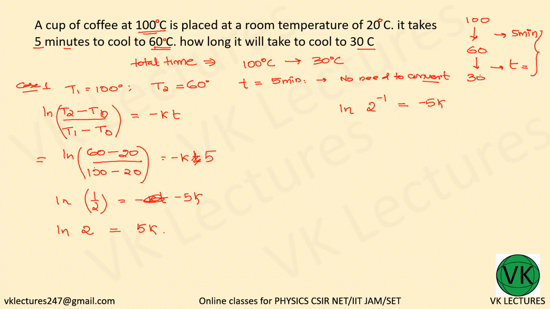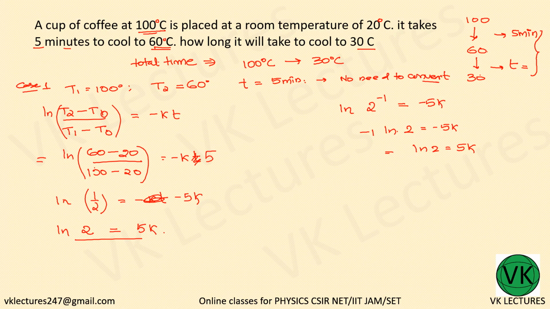Log 2 inverse is nothing but minus 1 times log 2, equal to minus 5k. So the minuses cancel, log 2 equals 5k. So that's what I have written, log of 2 equal to 5k.